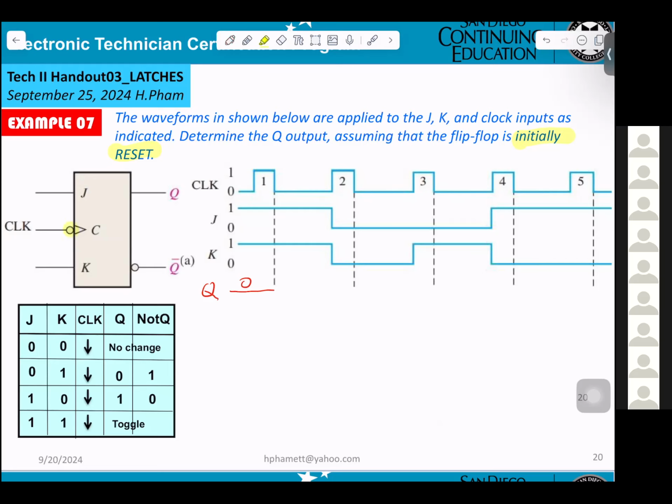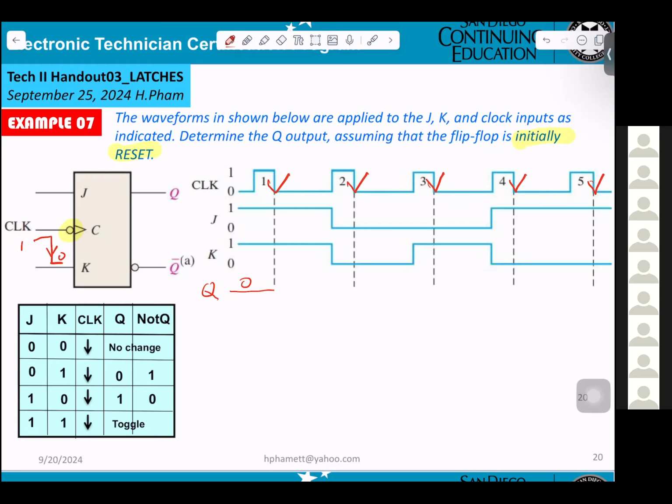You see right here, that means the clock will be going 1 to 0. So that means the clock transitions will be here: 1, 2, 3, 4, 5.